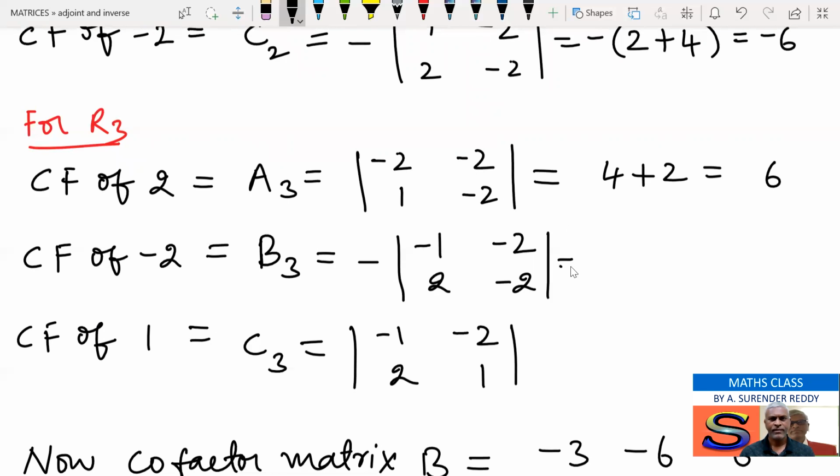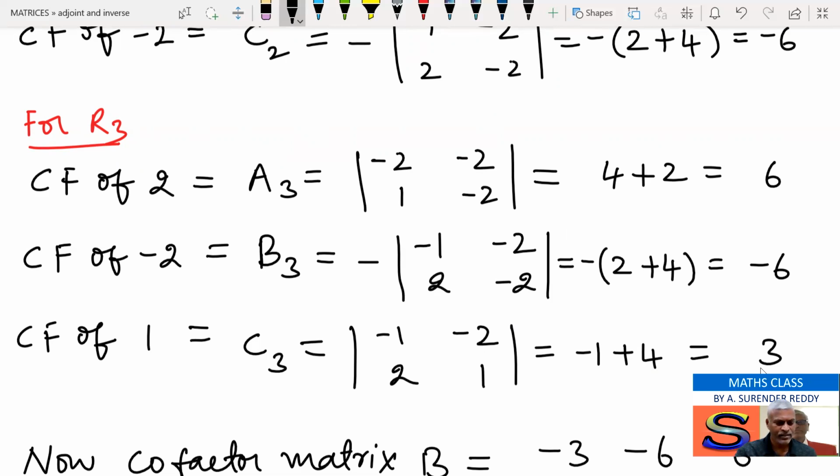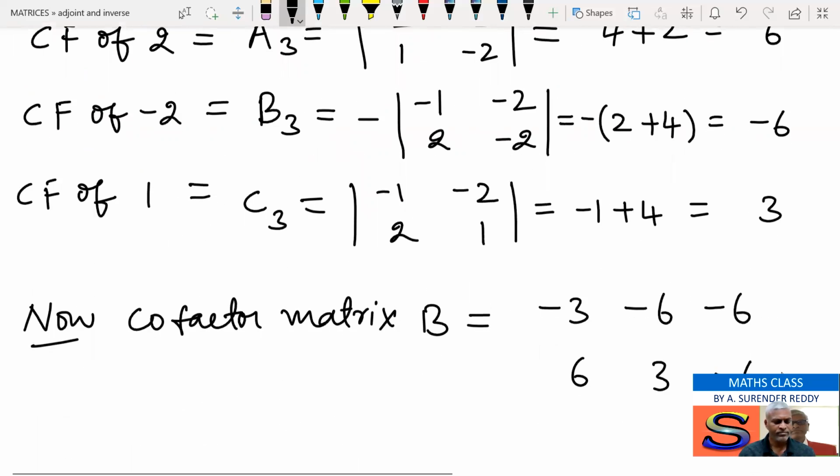Next, minus of -1 into -2 plus 2 into -2 is -4, minus into minus plus 4. 4 plus 2 is 6. 6 into minus is -6. Then -1 into 1 is -1, -4 plus 4, that is 4 minus 1 is 3.